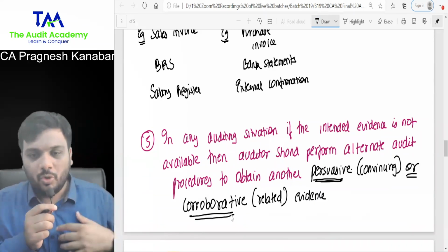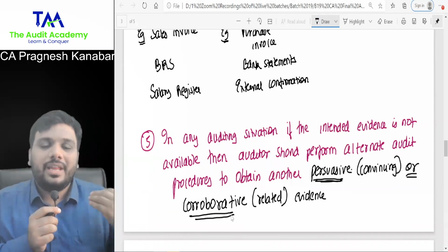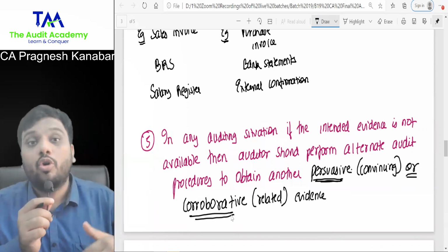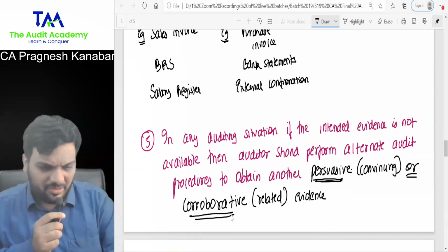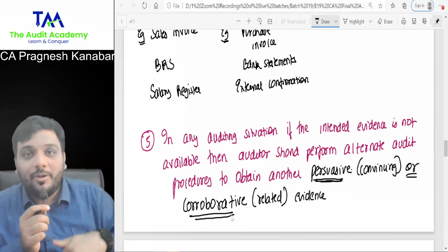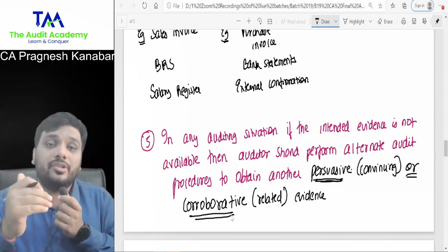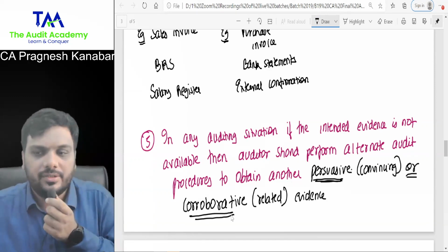Sometimes you should know some words so that you are able to understand the question. For example, if the question tells you that the auditor is not able to corroborate further, you will wonder what the auditor is not able to do. When I say corroborative, it means related evidence. When I say the auditor is not able to corroborate further, that means he has tried his level best, but still he's not getting the evidence.